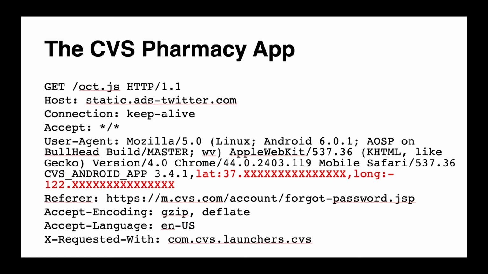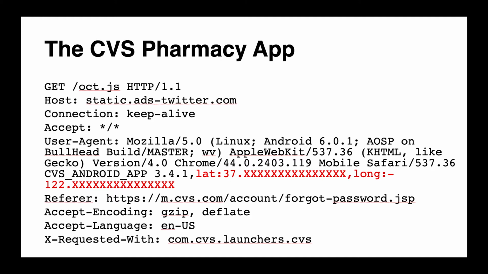The CVS app is actually a series of web views. A web view is a widget that's basically a light web browser that allows you to load web content in a mobile app. So basically the whole CVS app is a series of web pages loaded in web views, and that's it.